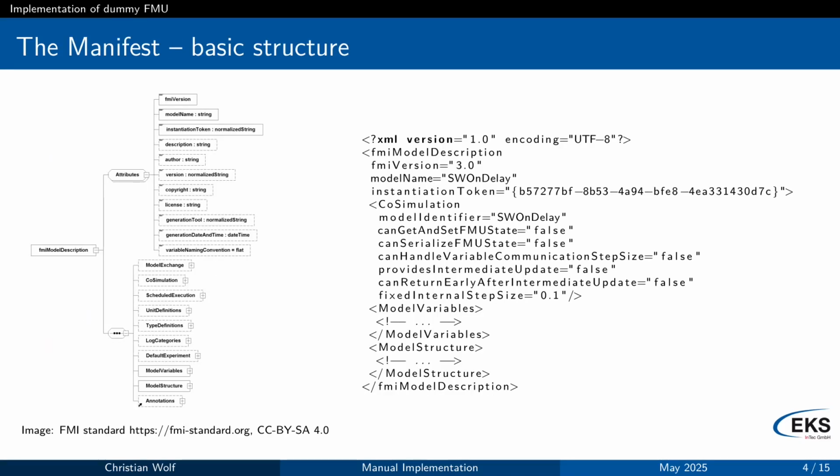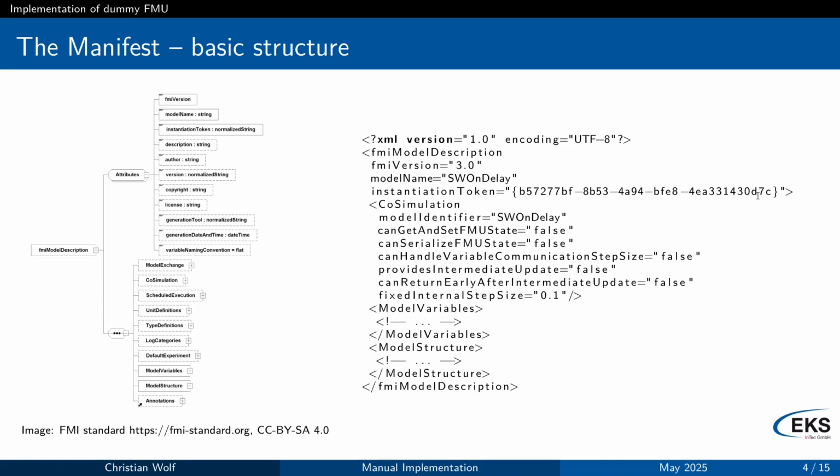We have a manifest included. This image on the left side is extracted from the FMI standard, and what this manifest actually says is, okay, we have FMI 3. This FMI model is called SV on delay. You will have seen that earlier already. Then there is this instantiation token.